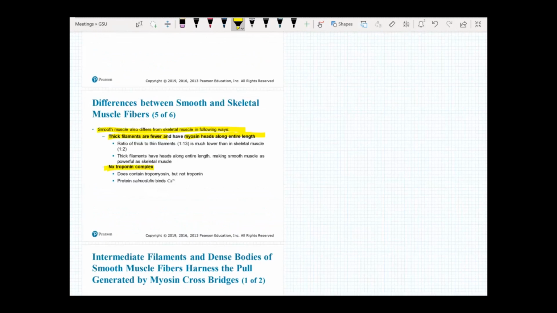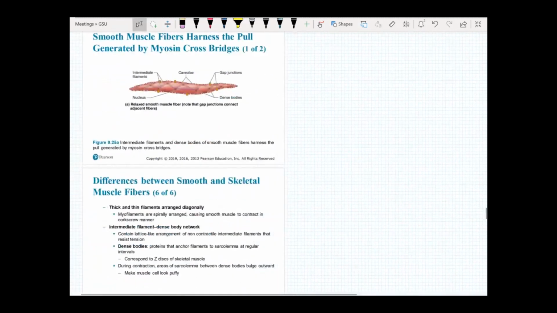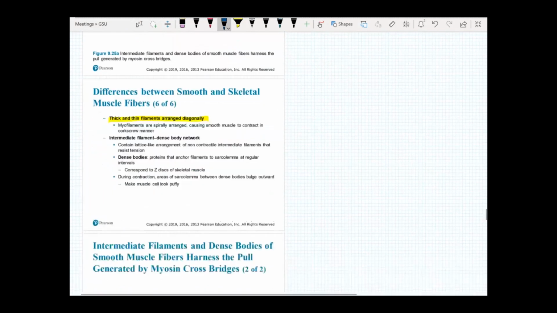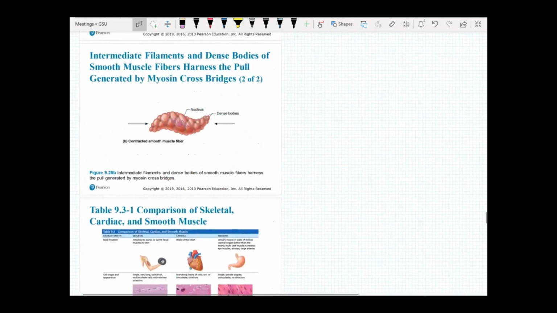So the filaments are slightly different as well. The filaments are also arranged diagonally, just a quick overview on this. So rather than in the very organized linear manner, they're on the diagonal, and it gives it a corkscrew-like appearance. So this is essentially a contracted smooth muscle. To me it looks like a fish net where you've got the muscle inside, and that's what it looks like when it contracts.